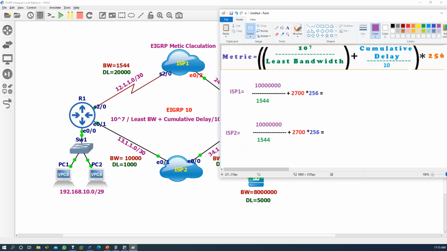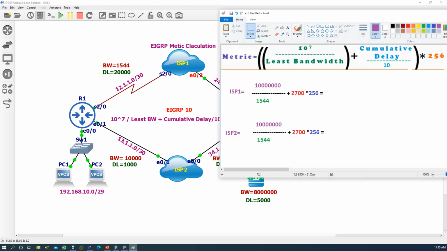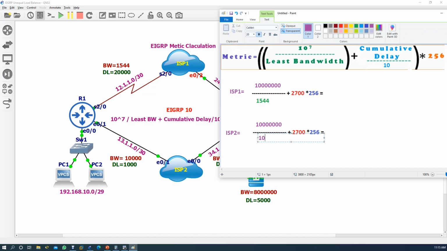Okay, so 10 to the power 7 divided by least bandwidth. So which one is the least bandwidth? 10,000. Here is also 10,000, here is also 10,000, and here is 800,000. So which one is the lowest? 10,000. The lowest one is 10,000. So put the lowest, 10,000.